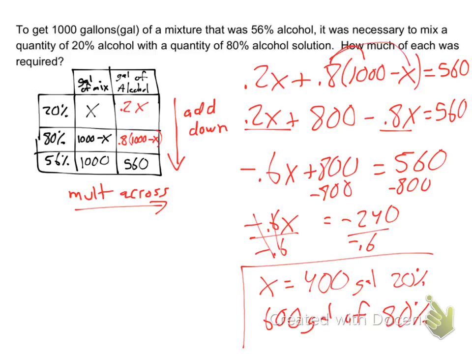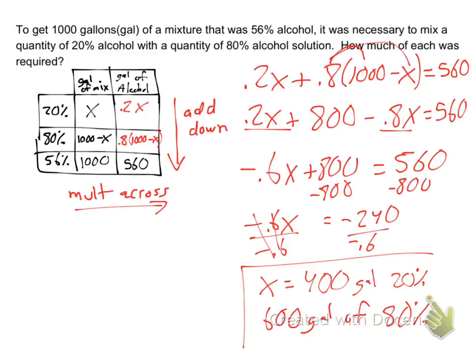Now, let's talk about these results. It seems I got more 80% than 20%. This kind of goes back to that idea of percentage off from before. If I use more of the 80%, that means the mixture will be closer to 80%.